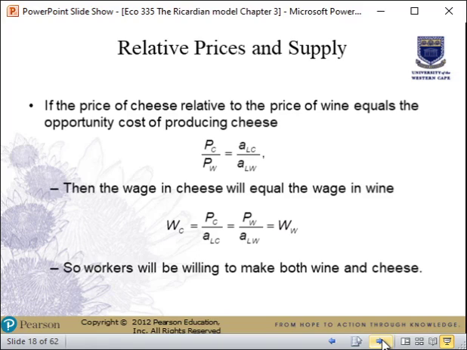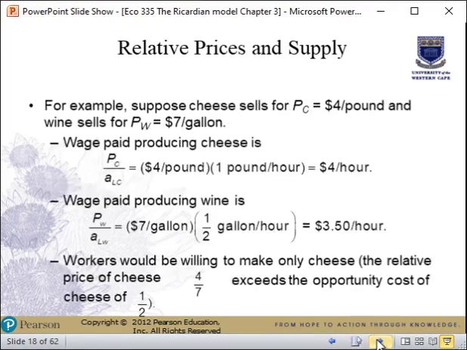Let us use an example to reflect specialization as illustrated by the relationship between prices and production. Suppose cheese sells for $4 per pound and wine sells for $7 per gallon. The wages paid in the cheese sector will be equal to the value of cheese produced in an hour.